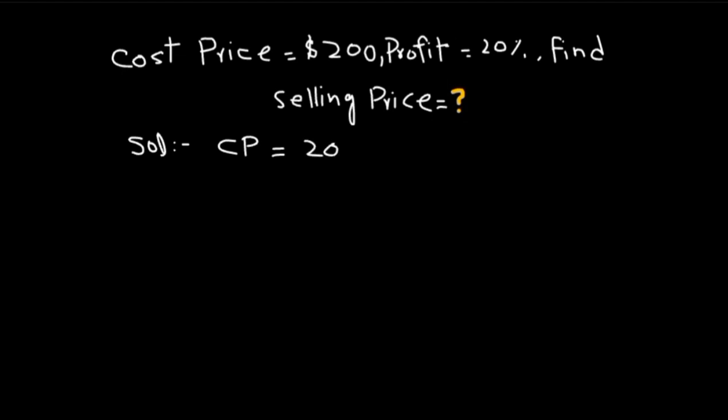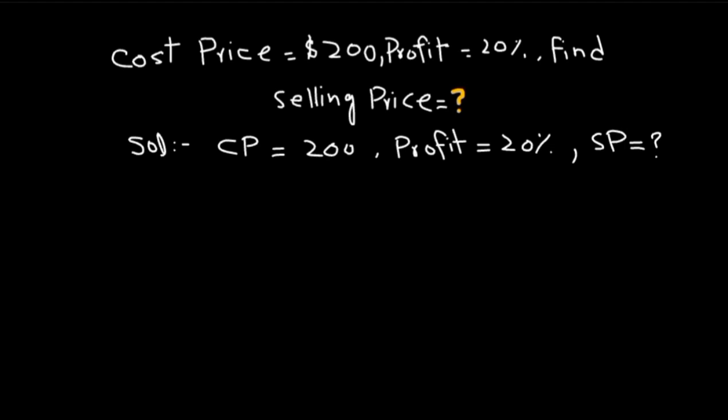CP is equal to 200. Profit is 20%, and we have to find selling price. SP represents selling price.